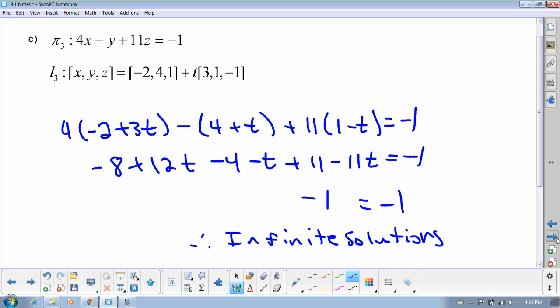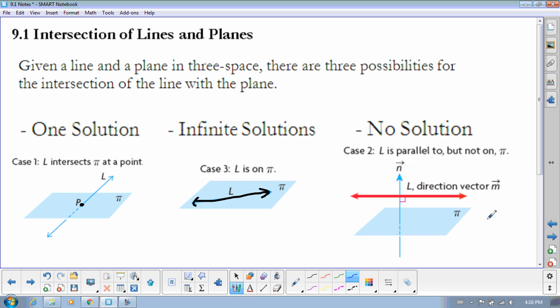All right. Now I just want to flick back for a second. So here, when we are looking at the direction vector, it has to be parallel to the plane. So if that direction vector is parallel to the plane, we can check even before we do anything to see if the normal dotted with the direction vector is equal to 0.